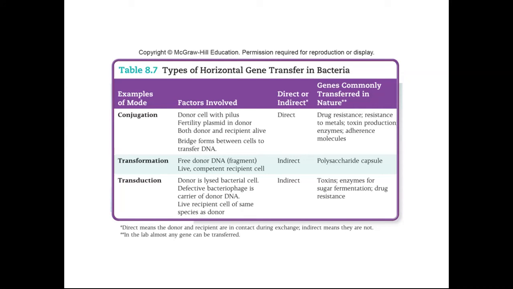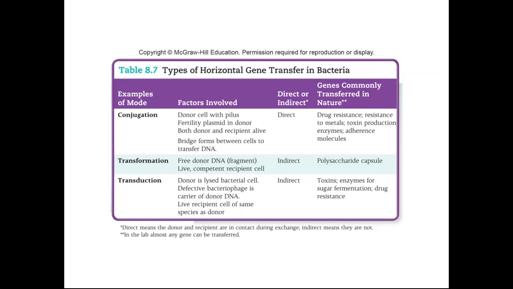During conjugation, the two cells are physically connected with a tube. This is directly from cell A to cell B. This is what I've talked about primarily. We also have transformation. During transformation, cell A will squirt out some pieces of DNA. That piece of DNA floats around in the extracellular environment, and then cell B sucks up that piece of DNA.